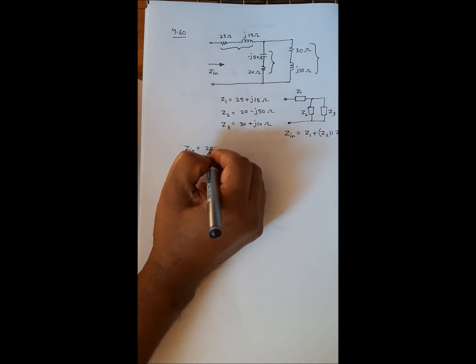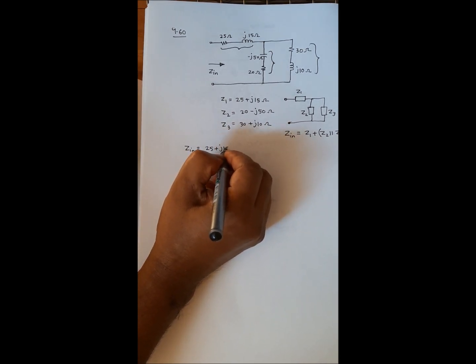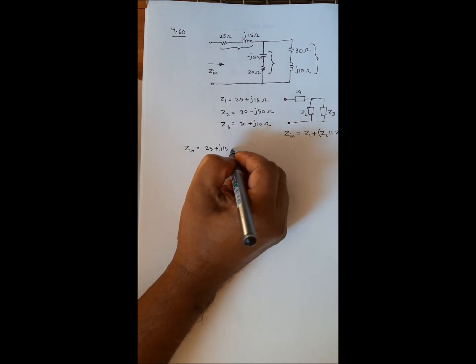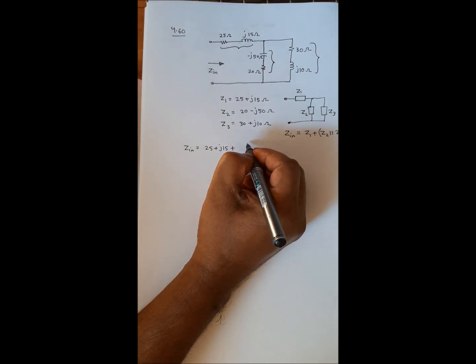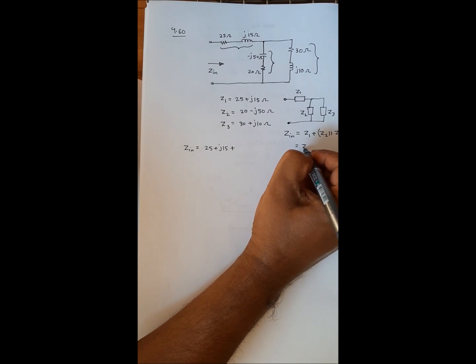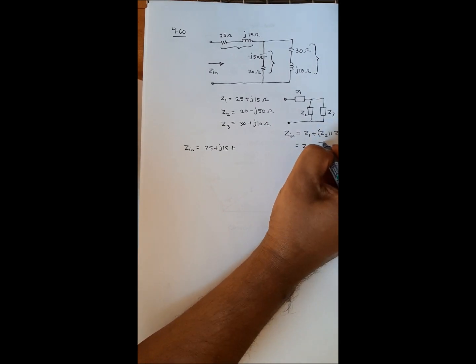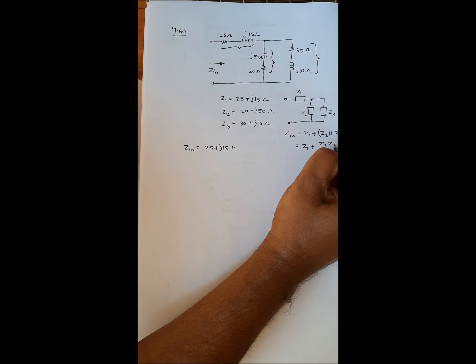So 25 plus j15, and then Z1 plus Z2 times Z3 divided by Z2 plus Z3.